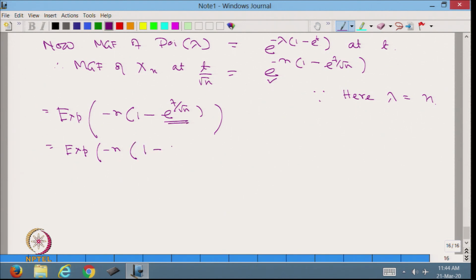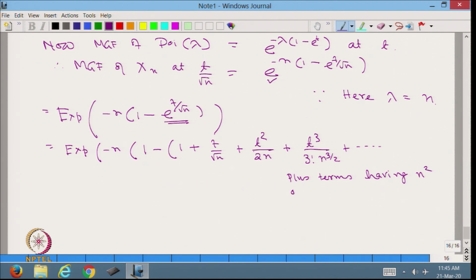Now, let us expand e to the power t upon root n. This is equal to 1 plus t upon root n plus t square upon 2n plus t cube upon factorial 3 n to the power 3 by 2 plus terms having n square or higher power of n in the denominator.